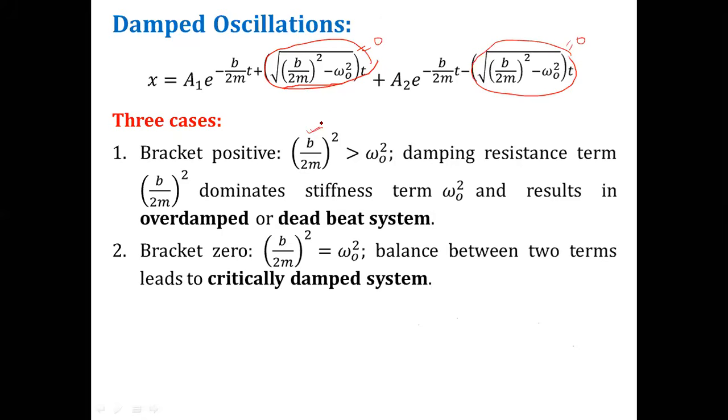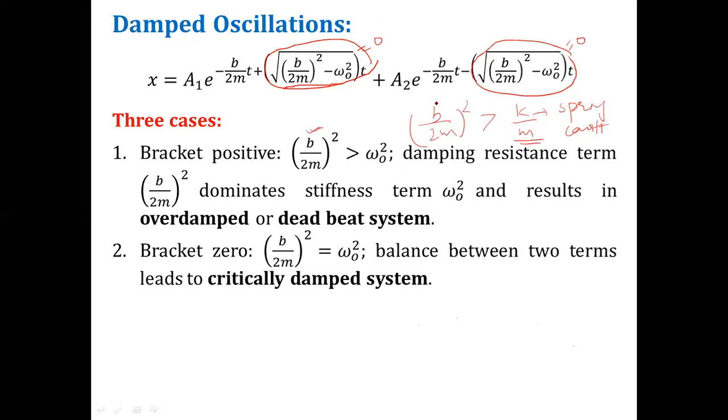I'm saying that your b is related with your damping forces, right? When I'm saying this is greater than this, basically I'm saying that this is greater than k over m. This is what I'm saying, right? K is connected with your spring constant, which is related to your restoring force, right?